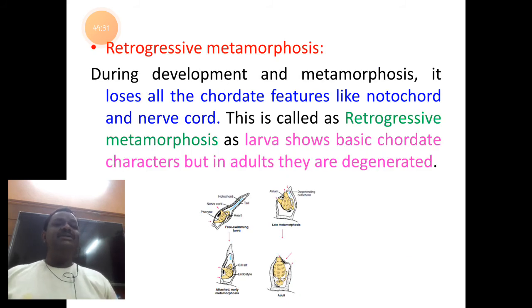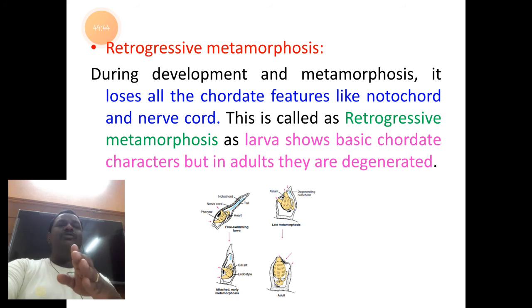During the development, the metamorphosis process shows larval stages entirely different from that of the adult stage, because during the process of development, larval stages show more advanced characters than their adults.